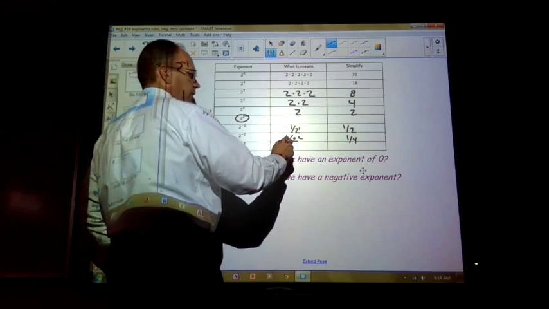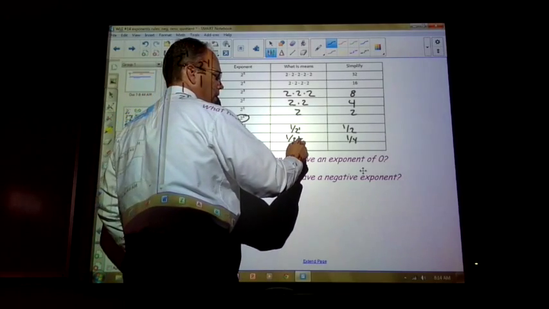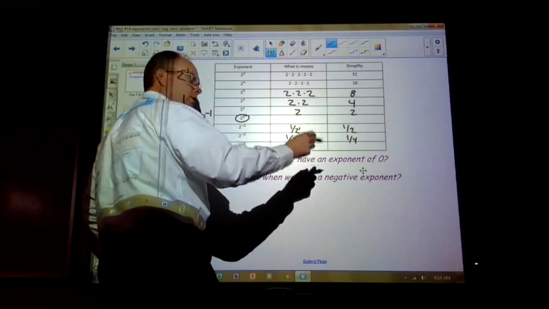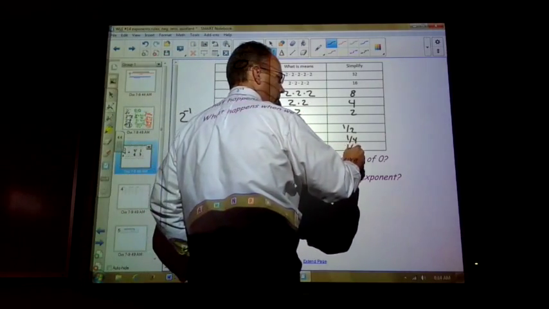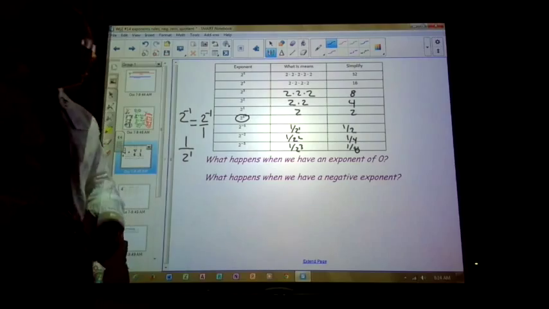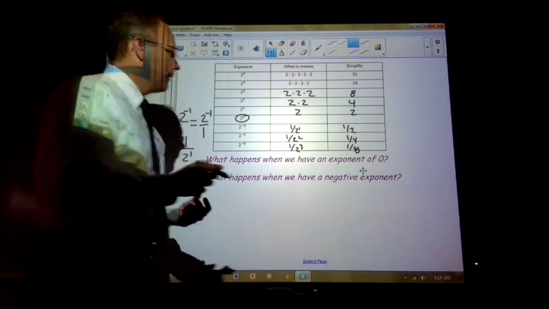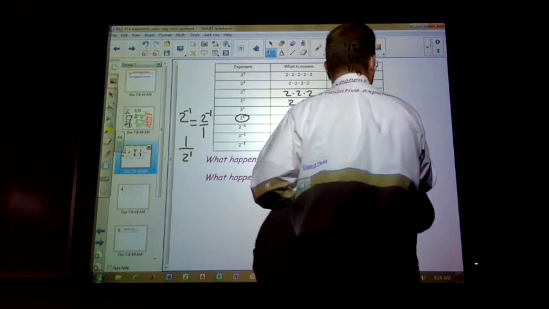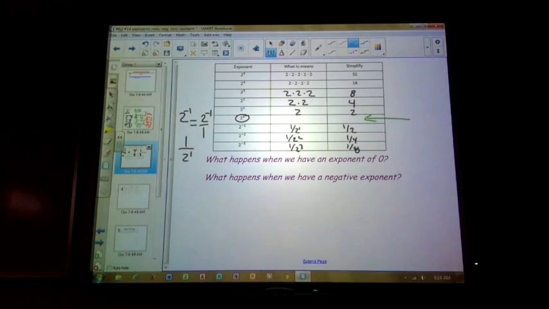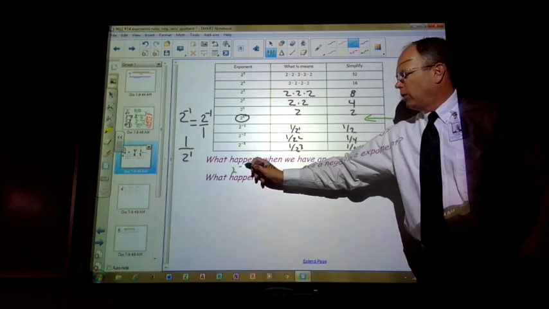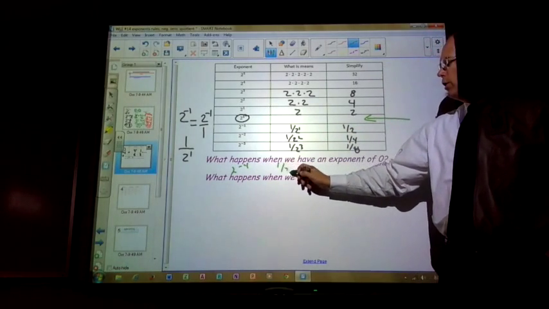And then 2 to the negative 3 is 1 over 2 to the 3rd. 2 to the 3rd is 2 times 2 times 2, which is 8, so this becomes 1/8. Okay? So let's think about this. As I went further, if I got 2 to the negative 4, that becomes 1 over 2 to the 4th.